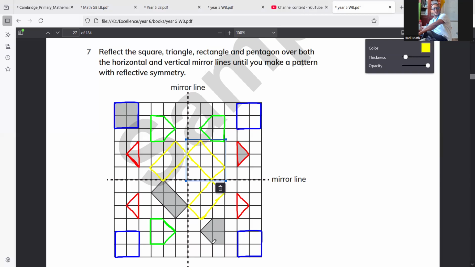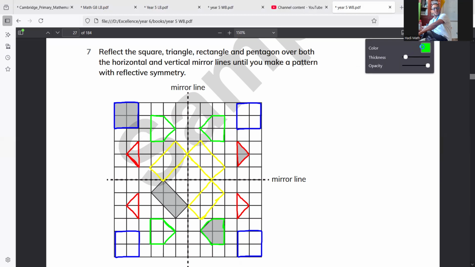We can make the original one green so they could be all typical to each other. You can see the work of reflection is so clear.